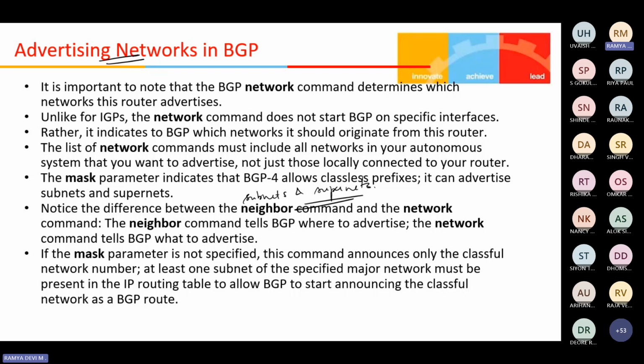So what is the difference between the two commands we have used, one with the help of neighbor and another with the help of network? What is the purpose of neighbor?